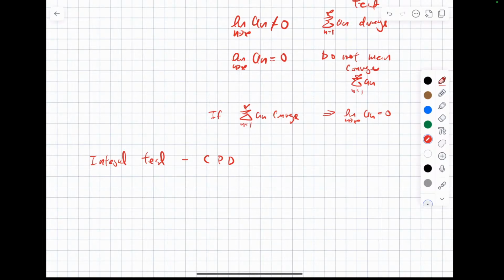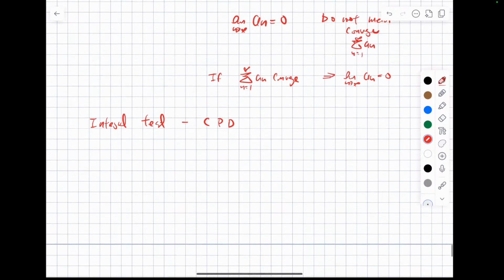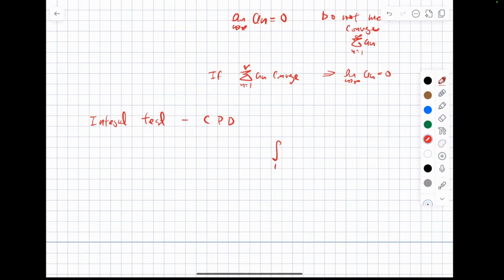The integral from 1 to infinity of f of x dx and the summation from n equals 1 to infinity of a_n either both converge or both diverge.